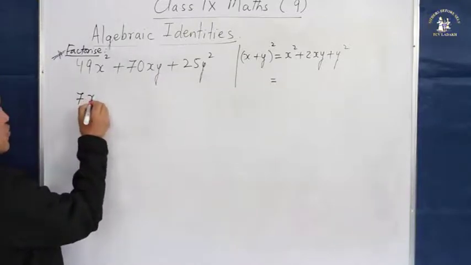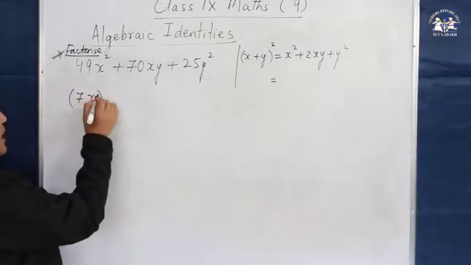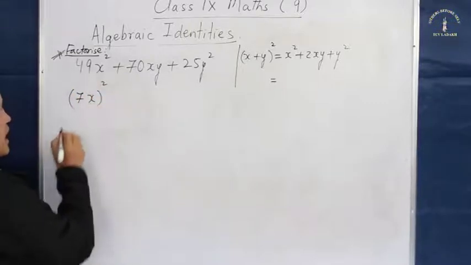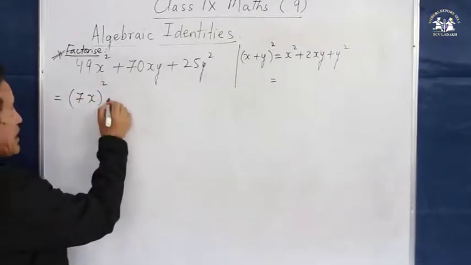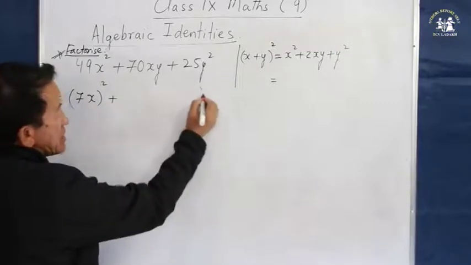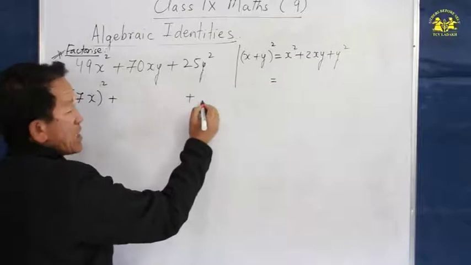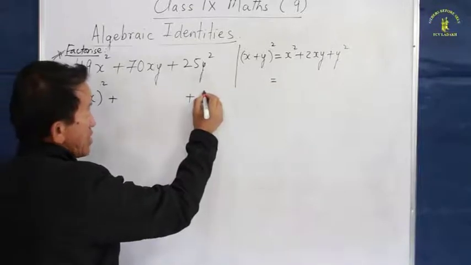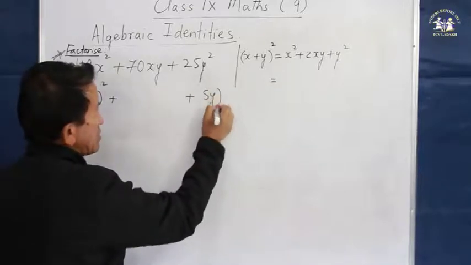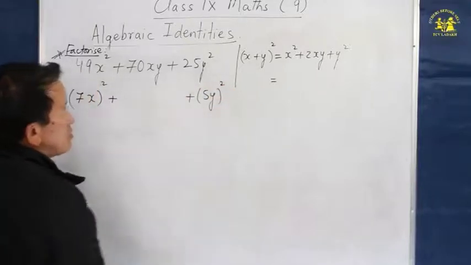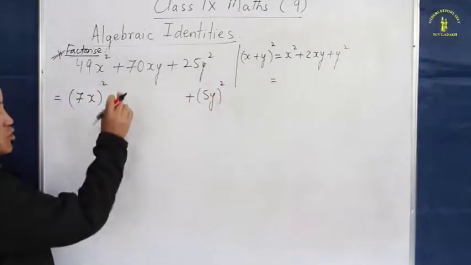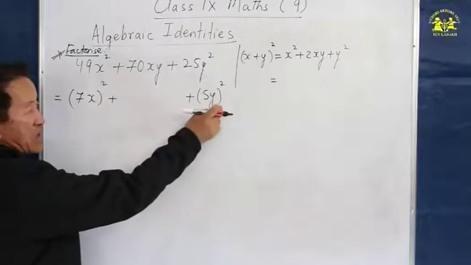The square of x is x square, so 49x square is the square of 7x. First we'll take the last term, the third term, 25y square, which is 5y whole squared. The middle term should be 2 into the first term into the second term.